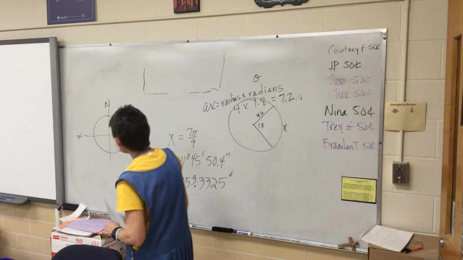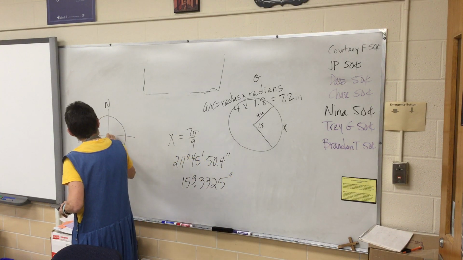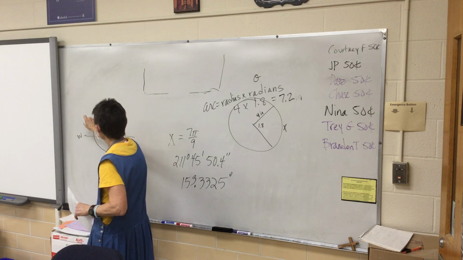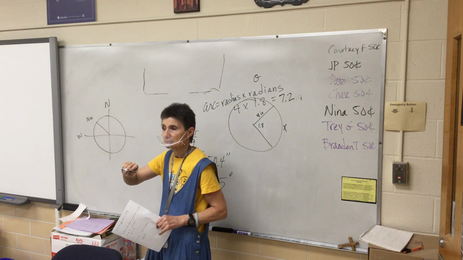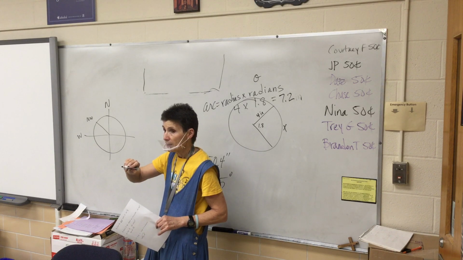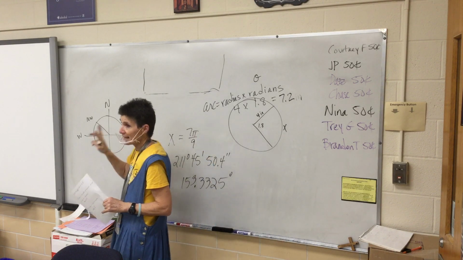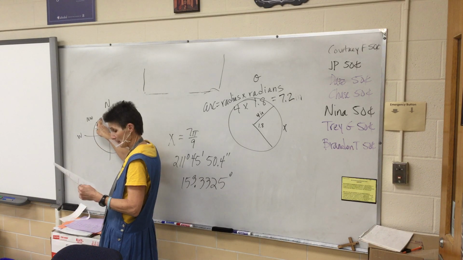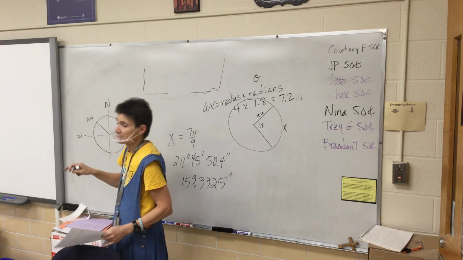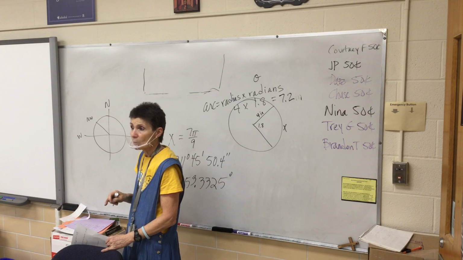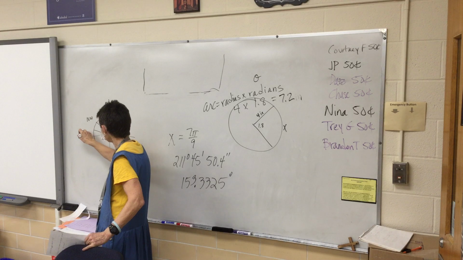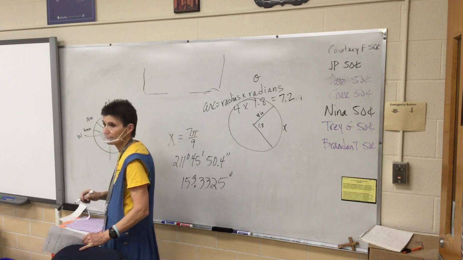So if I were to split that like that, that would give me northwest, right? Now, I'm going to split again, and I need to either split on the bottom or the top. This is west, northwest, so I will split on the bottom right here. So this line right here is west, northwest.